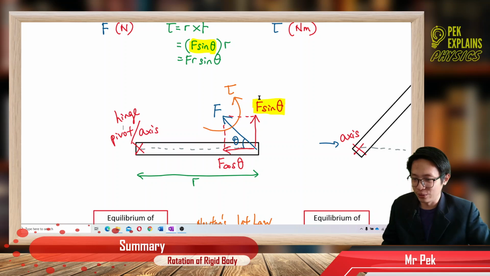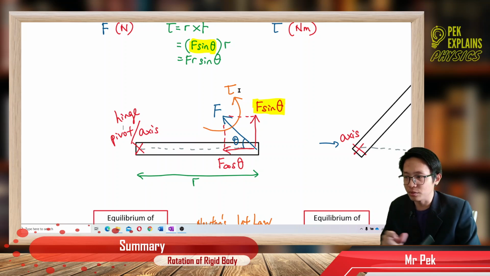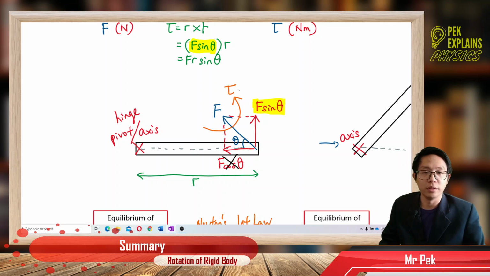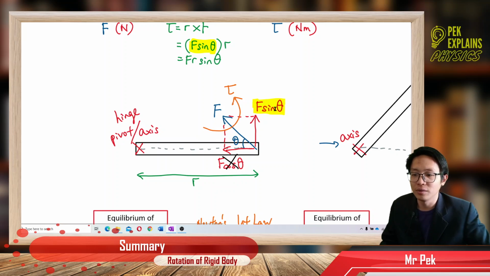So it is the F sin theta which rotates the object. The F cos theta has no use. I can cancel that out. This F cos theta has no function in rotational motion. Only the F sin theta will rotate the object.